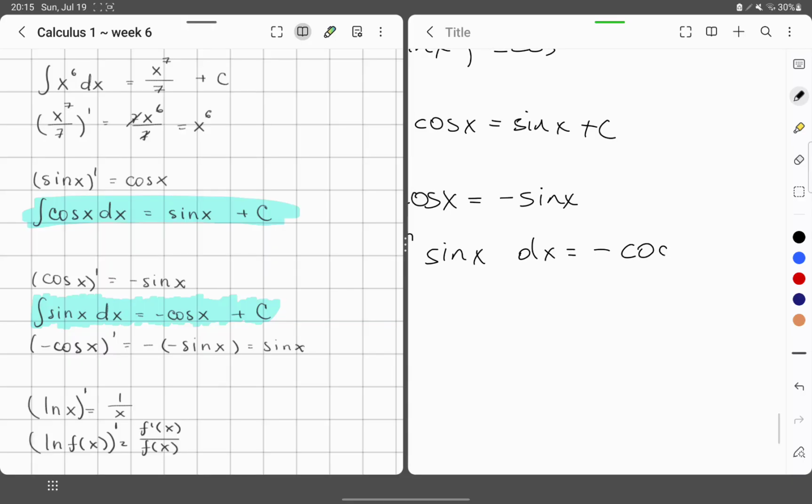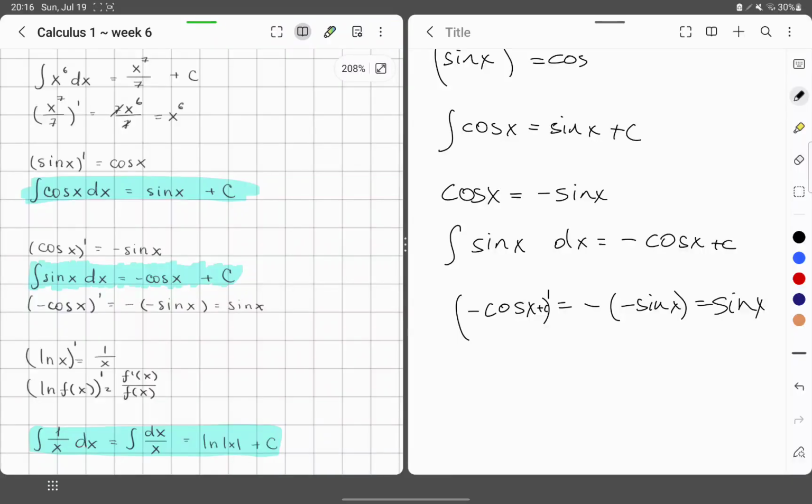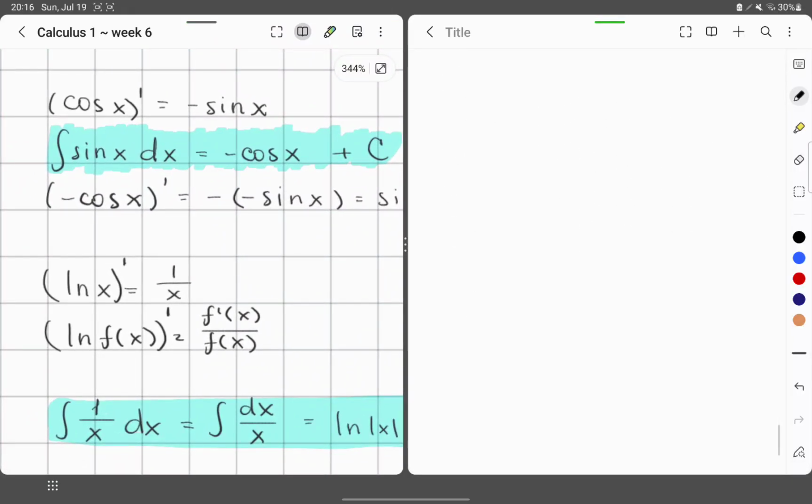Negative cosine x plus c, because the derivative of cosine equals negative sine. Okay, the derivative of negative cosine x equals sine x.